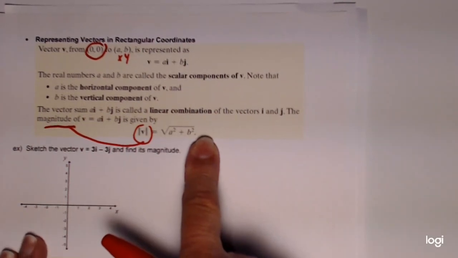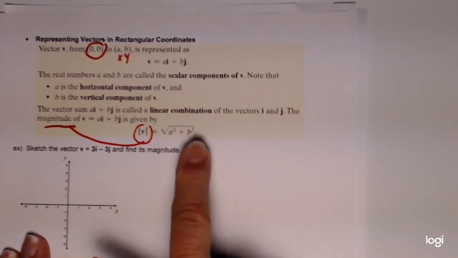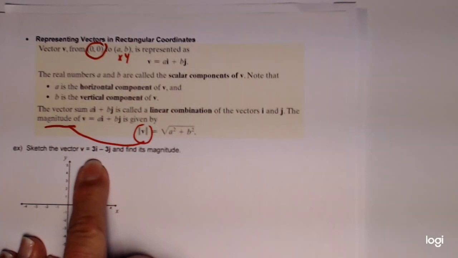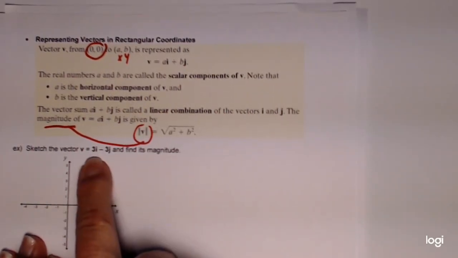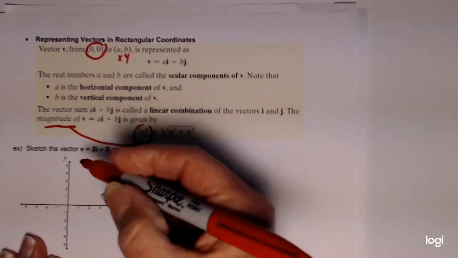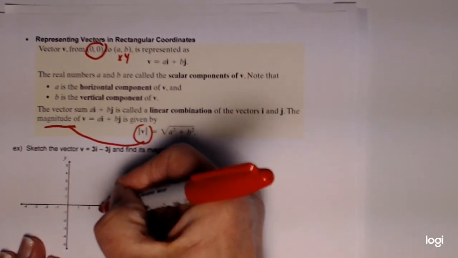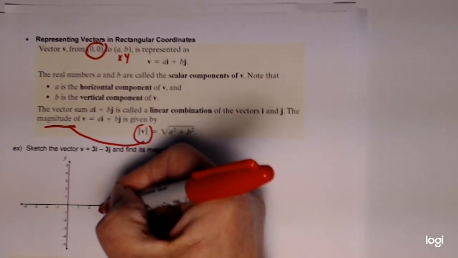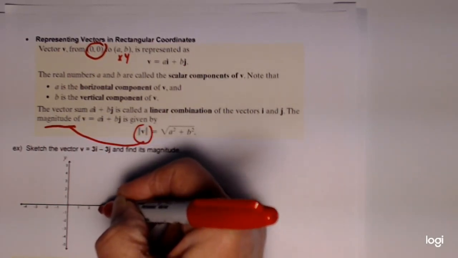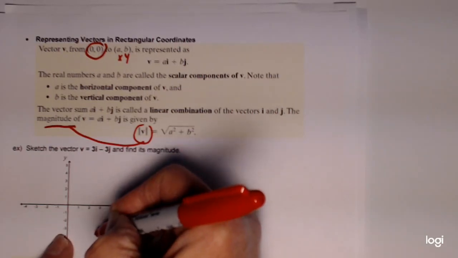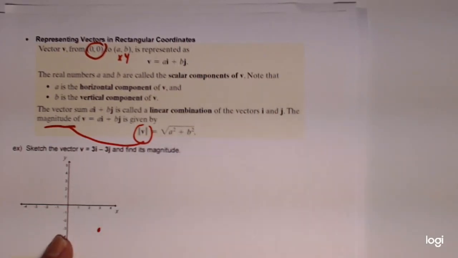So in this first example we're going to look at, what we're going to do is to sketch this vector V that's given to us as 3i minus 3j. So the x information is 3. So we're going to go 1, 2, 3 here. And now the y information is minus 3. So we're going to go to our x is 3, and then down here to minus 3, and that is going to be the terminal point of our vector.